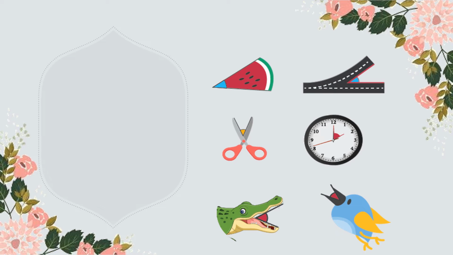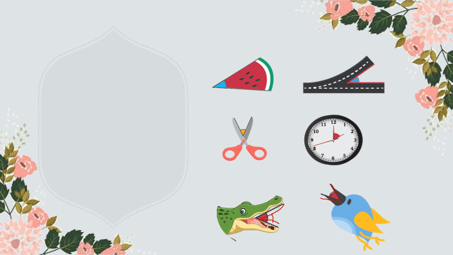Here in this picture, if you see angles being formed, the slice of a watermelon here, or the beak of the bird, what angle does it make? Is it making a 90 degree angle? No, it is making an angle which is quite less as compared to 90 degrees. Isn't it, it is less than 90 degrees.